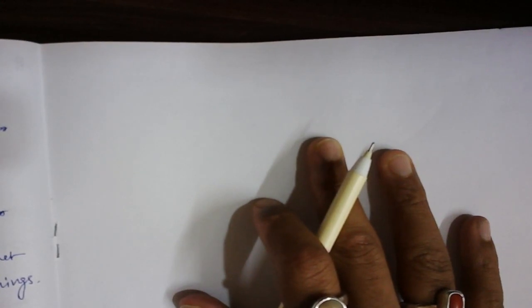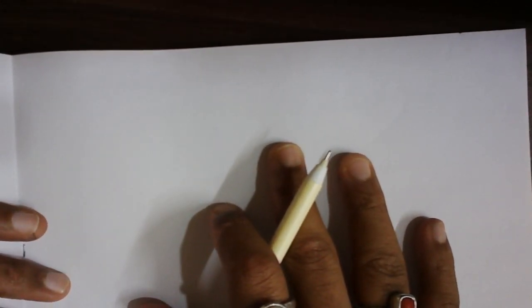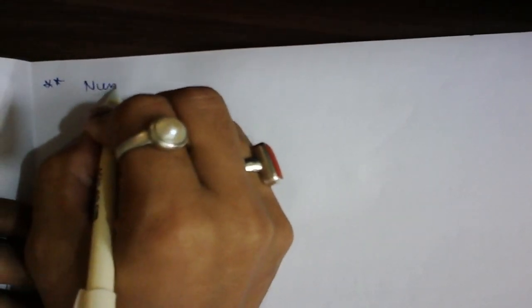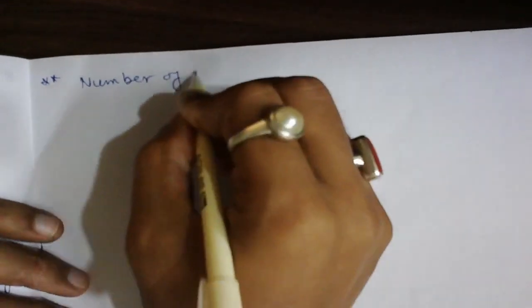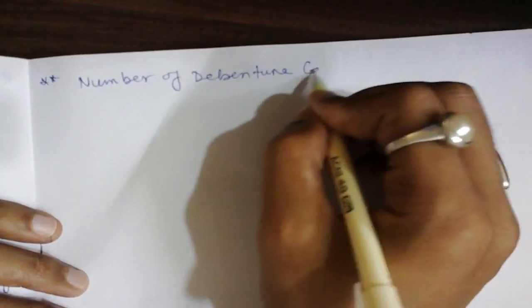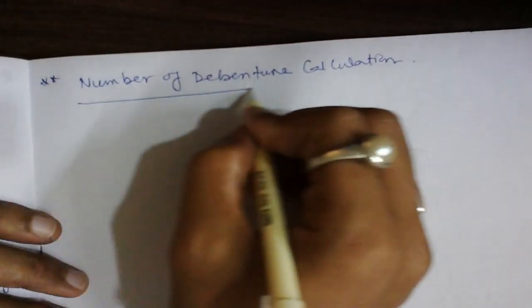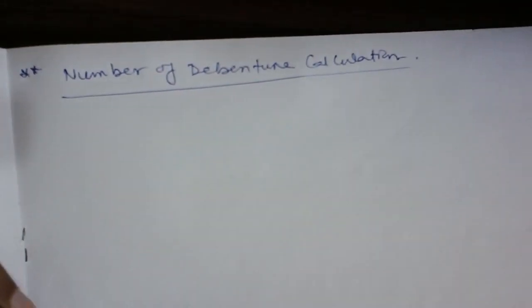How to calculate the number of debentures, that is the important thing. Sometimes in examinations they can ask the number of debentures issued for the purpose of purchase of assets. So write it down here, please: number of debenture calculation with respect to the debenture issued for the purchase of asset.